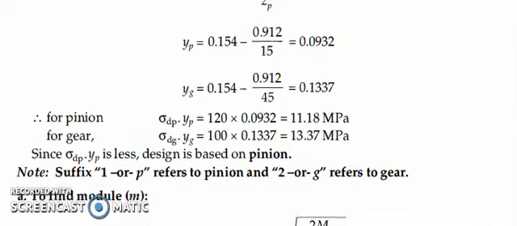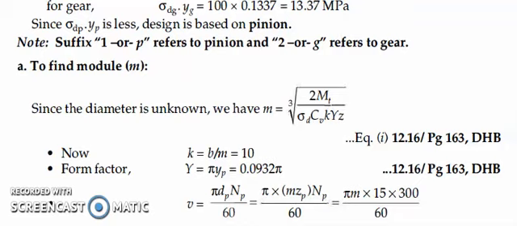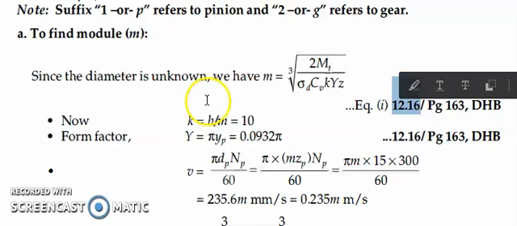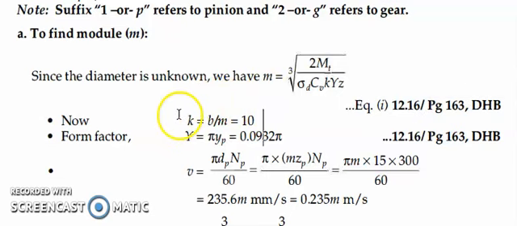Then to find the module, the next step is to find the module using table equation number 12.16. You can take this value, and using these notations, you can take the value from your data itself and solve it. In our case the value of k is equal to b by m, that is equal to 10.